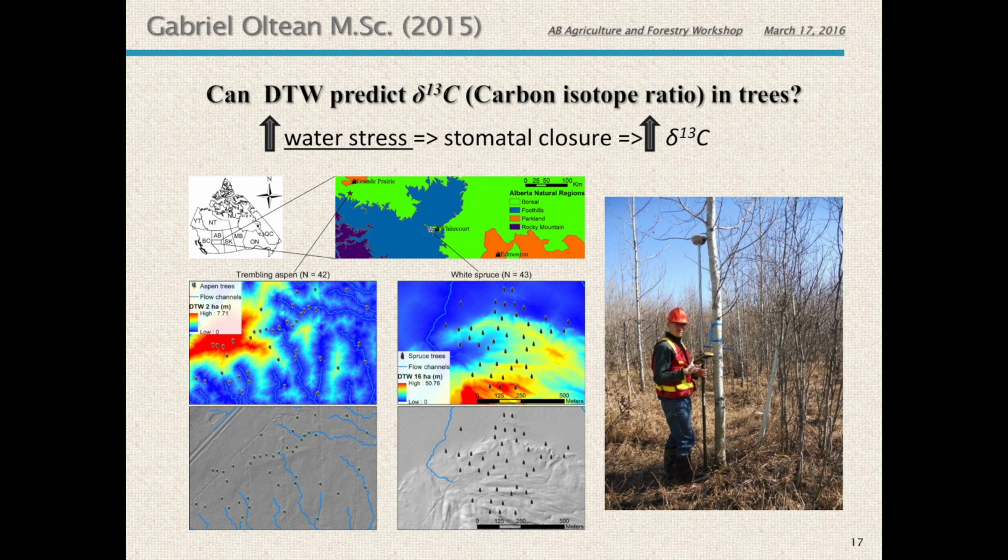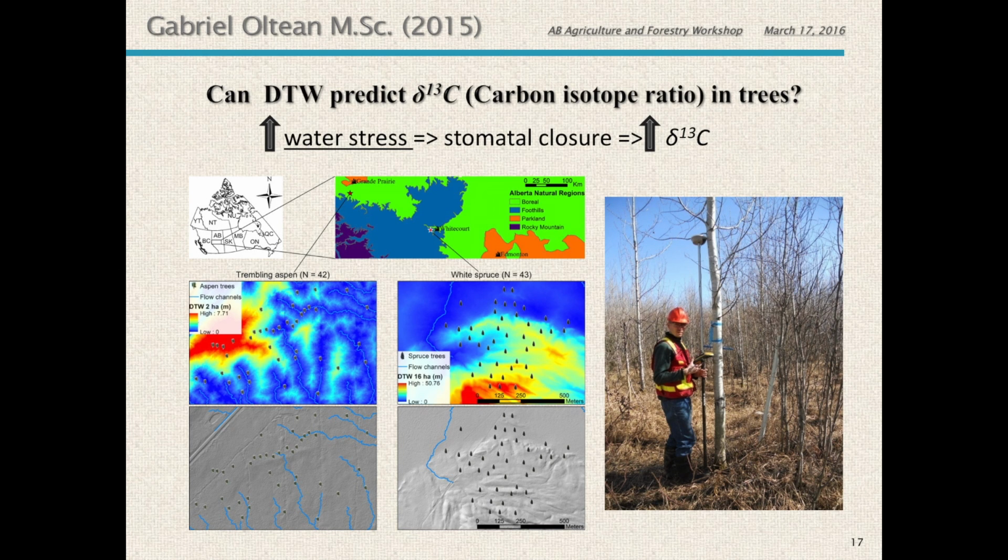Another study was done by Gabriel Oltean, also in his master's thesis defended last year, and an interesting research question for him was, can depth to water predict carbon isotope ratio in the trees? Carbon isotope ratio is an indicator of water stress, and the mechanism works like this: if there's water stress, there's stomatal closure, and that will increase the carbon isotope ratio.